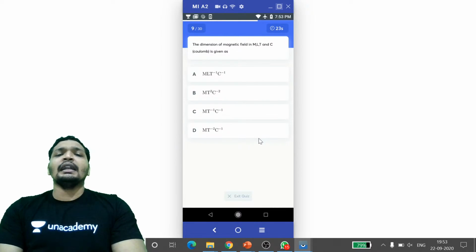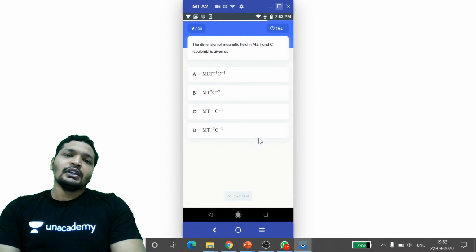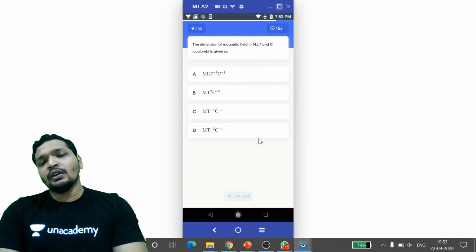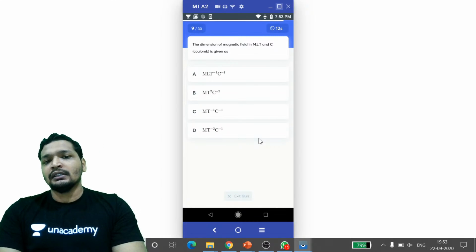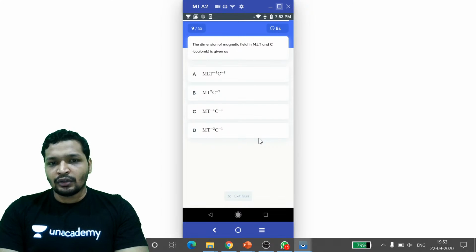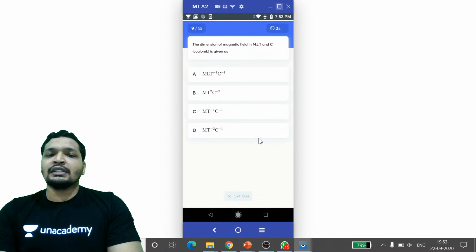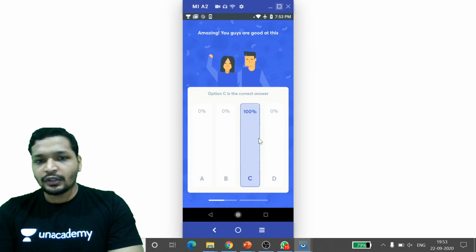It's going to be LT to the power minus 1. So it should be MLT to the power minus 2 from the force, and L would get cancelled out. L should not be present. And there would be T to the power minus 1, so T to the power minus 2, and the answer should be, I believe, C. Good.